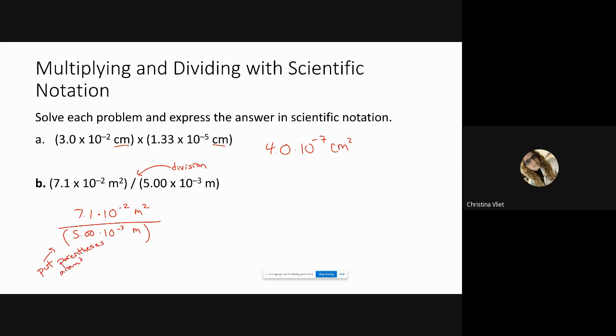On the decimals, you would just make sure everything is on the denominator. And so I'm going to give you the series of buttons again to push if you've got the correct calculator. It would be 7.1 times 10 raised to the exponent of negative 2. Then you press division.